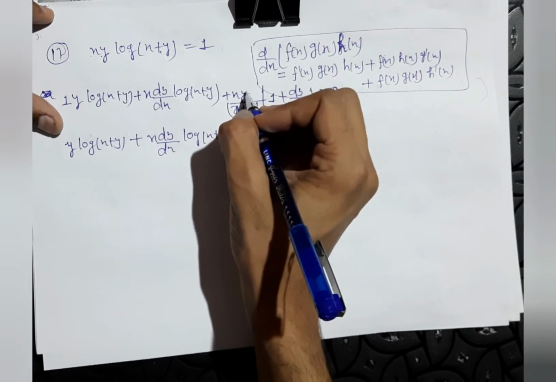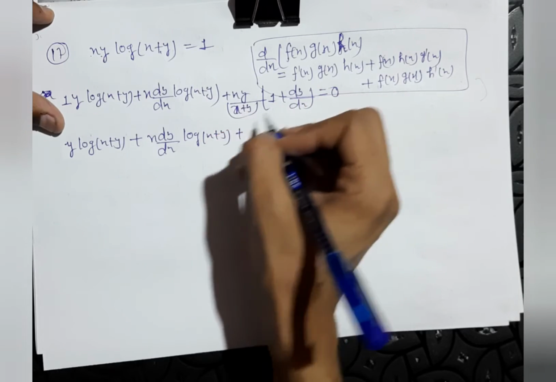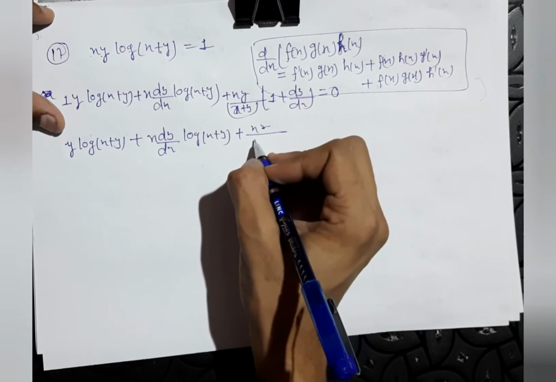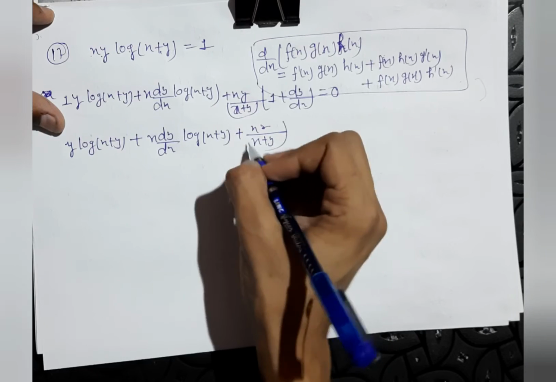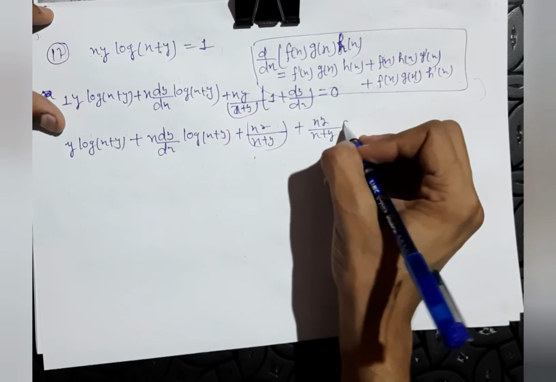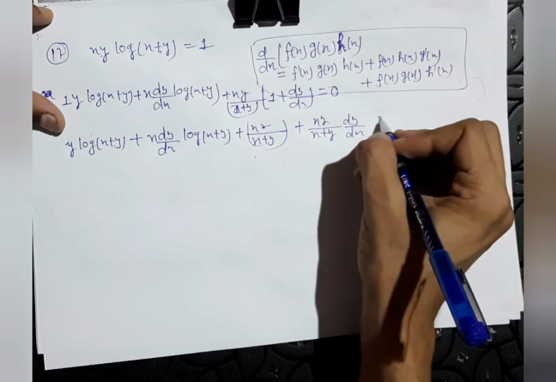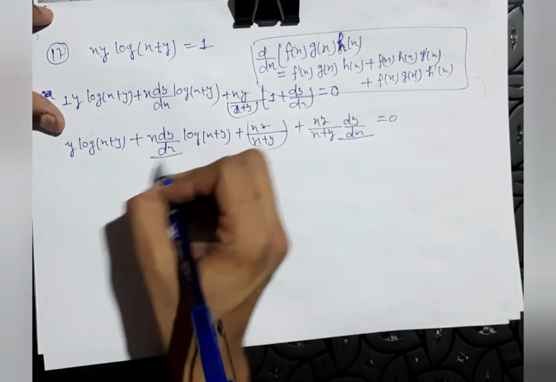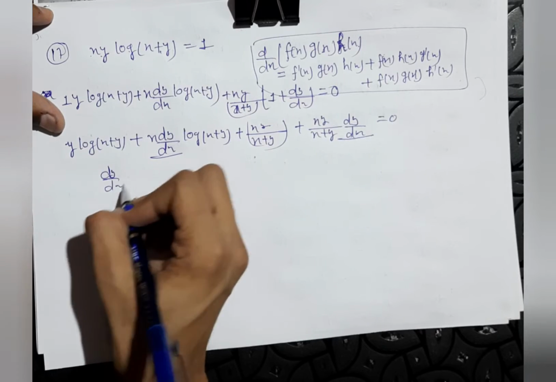I am multiplying x y divided by x plus y with the bracket and I get x y divided by x plus y, and plus x y divided by x plus y times dy over dx equals 0. Here dy over dx and here dy over dx can be taken as common.